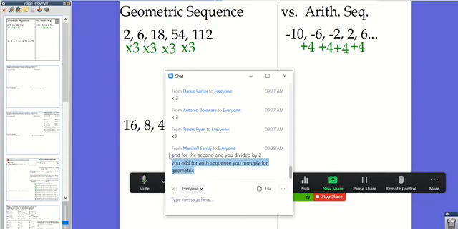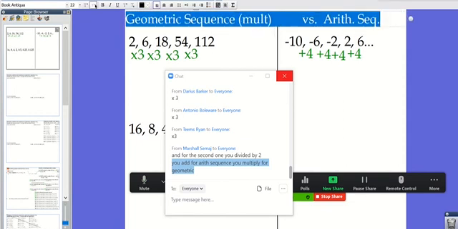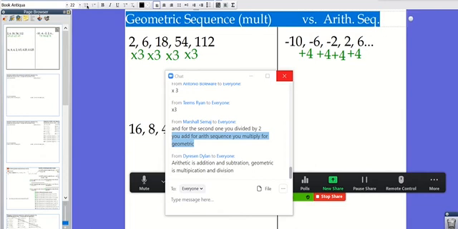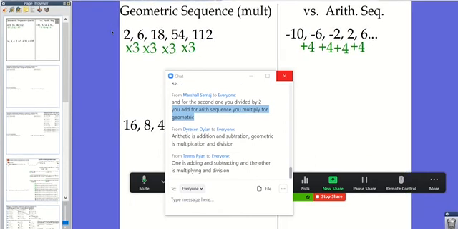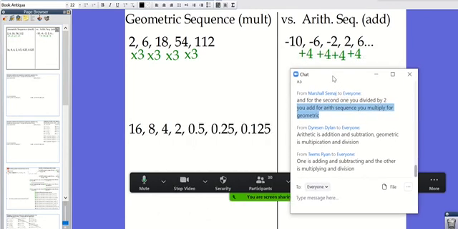You add for arithmetic sequence, and you multiply for geometric sequence.